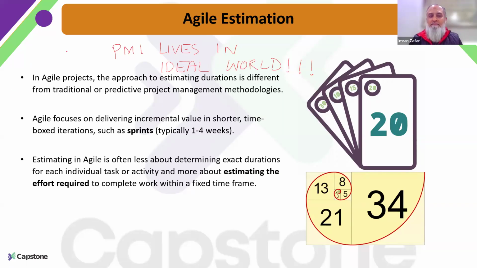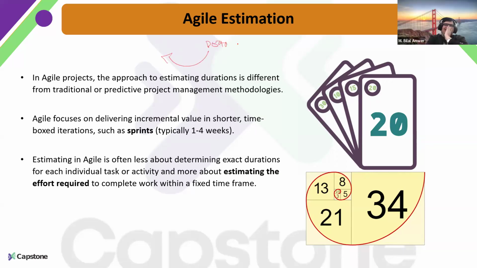But normally, especially in Pakistan, what happens? What PMI says, or what we are studying right now, is that you have the activity list, the work package, the activity, then you sequence them and develop the schedule. In Pakistan, we do the reverse. We have the deadline first.